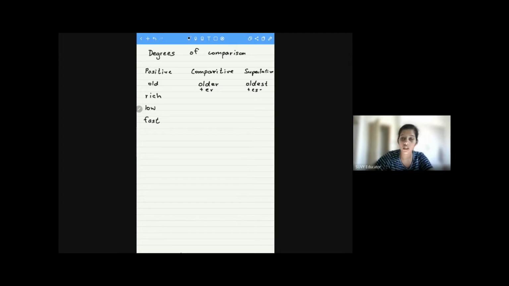Okay, so we add an er and an est. So then it becomes richer and richest. Same way, when there is a single vowel, you add an er.